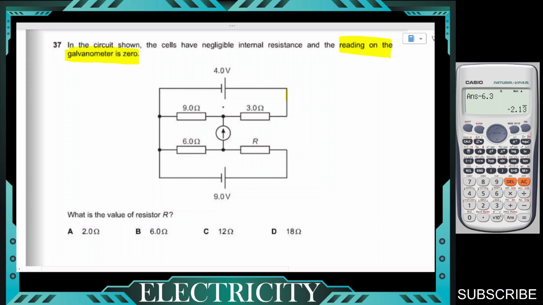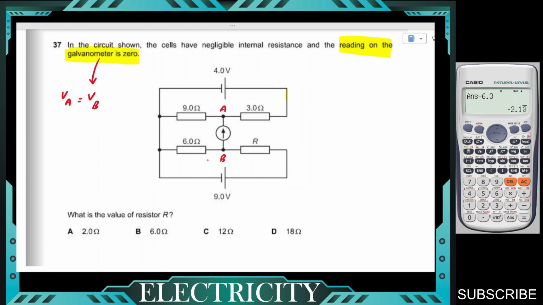And let me just label this point as A and this point as B. The reading on the galvanometer is 0, so the potential difference between A and B is 0. For the first branch, the upper loop, you can simply find the potential at A. A numeric value can be obtained.